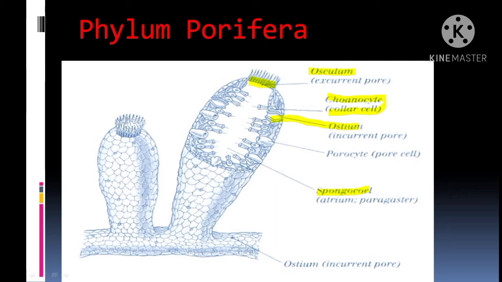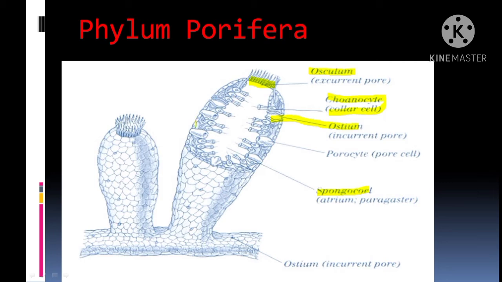In asexual reproduction, it is by fragmentation or gemmule formation. Sexual reproduction takes place by gamete formation. Male and female gametes are formed, and after fertilization it forms a new generation. Mostly the fertilization is internal. Development takes place through an indirect larval stage.